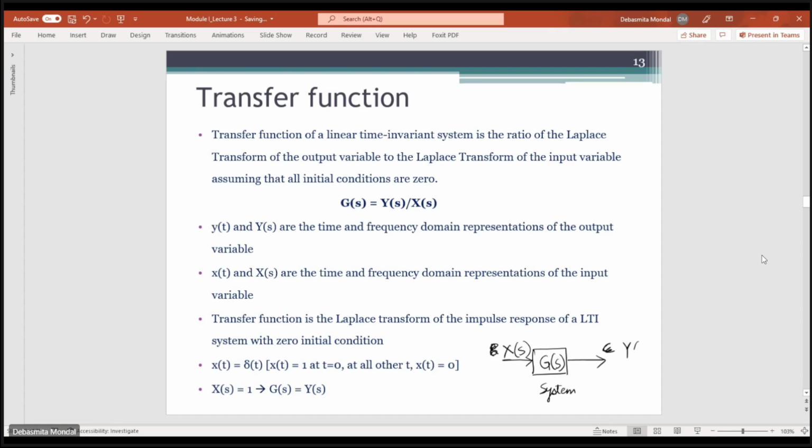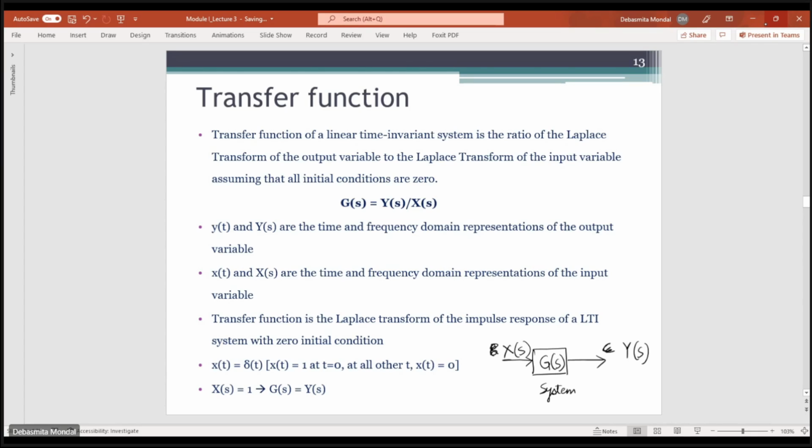The input will be X(s) and the output will be Y(s). So if x(t) and y(t) are the time domain representation, and the frequency domain representation is X(s) and Y(s), then the ratio Y(s) by X(s), the output and the input of this system, is known as the transfer function of the system.